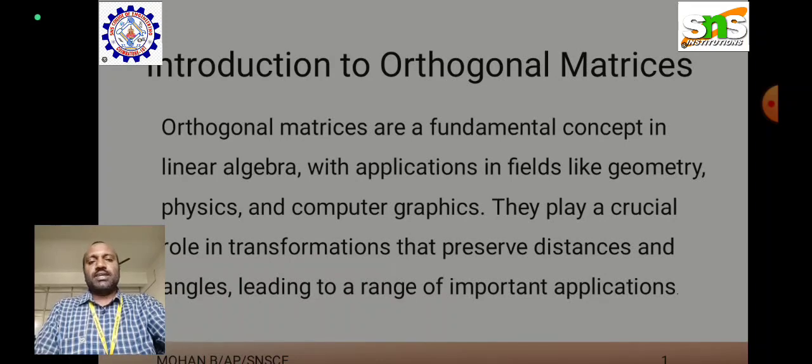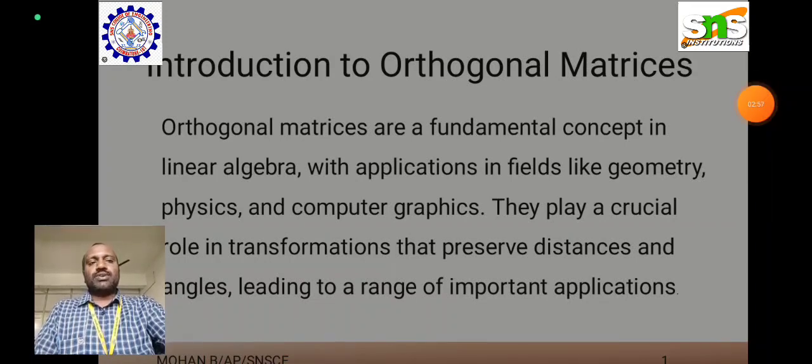Here the orthogonal matrix simplifies that. If a matrix is symmetric with repeated eigenvalues, it will definitely give an orthogonal matrix.